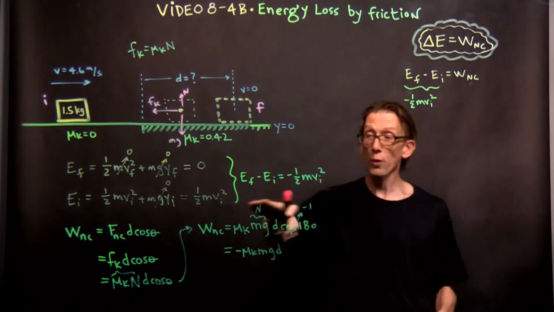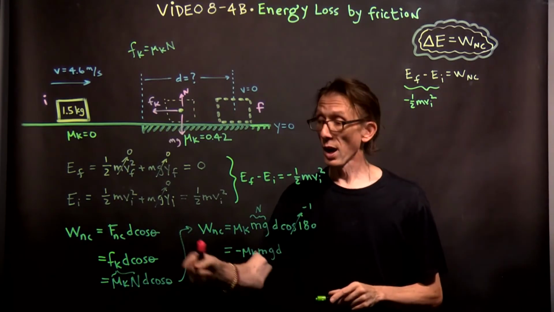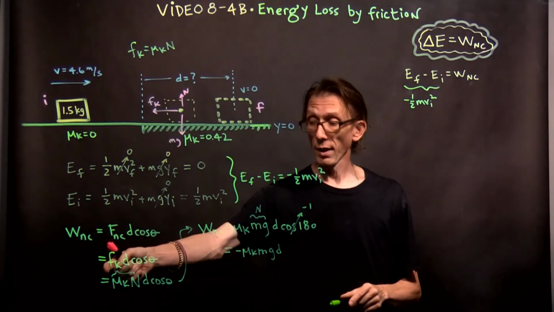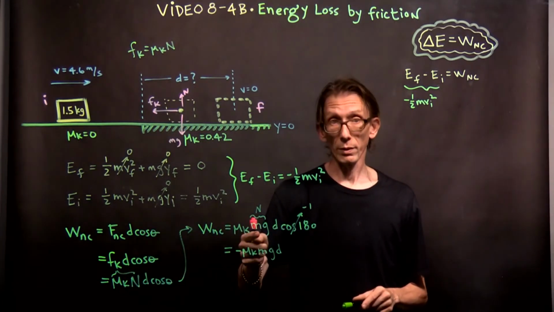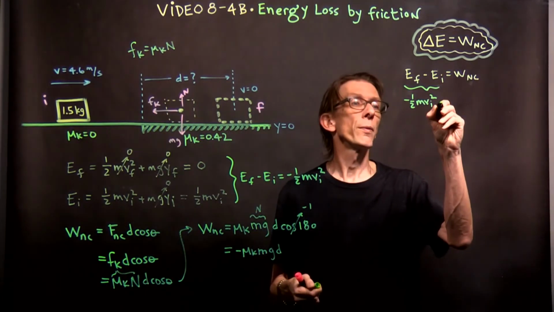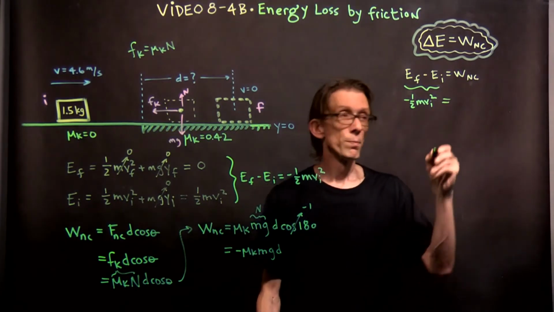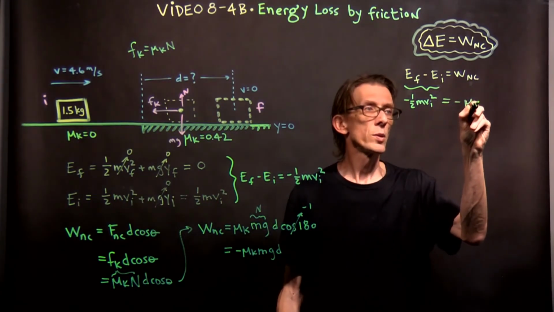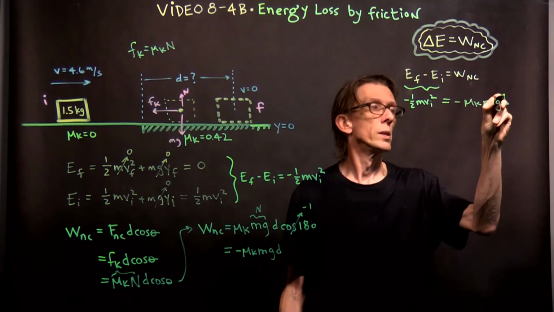I want you to step through this, and remember, it's the frictional force doing the non-conservative work. So I plugged it in there, and then I made another substitution, and yet another one. I want you to follow all those substitutions. So 1/2 mvi squared, and then we now have the right-hand side. That is minus mu sub k mg d.